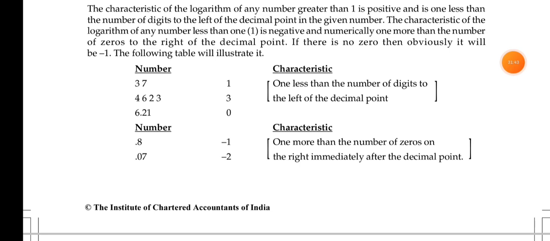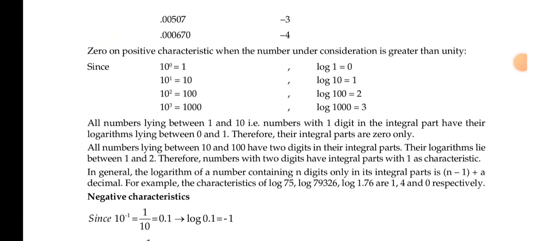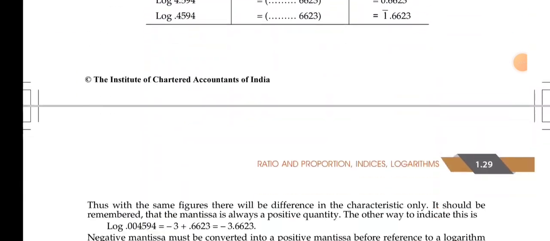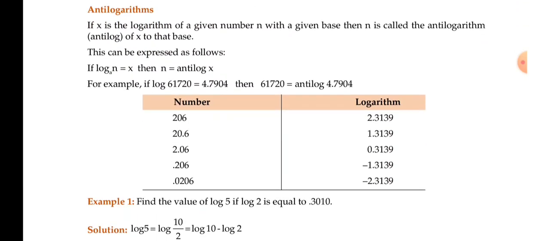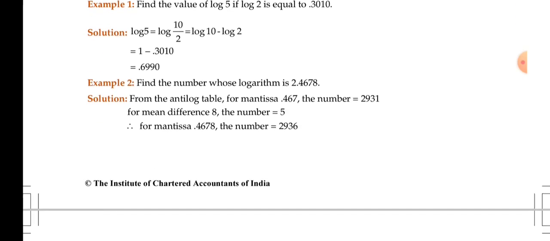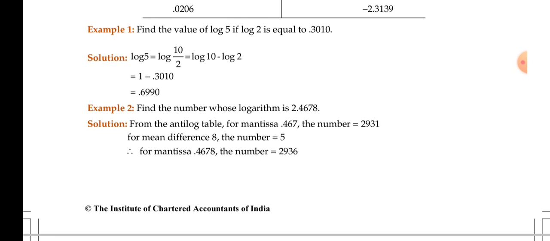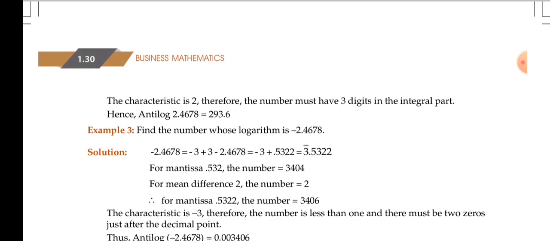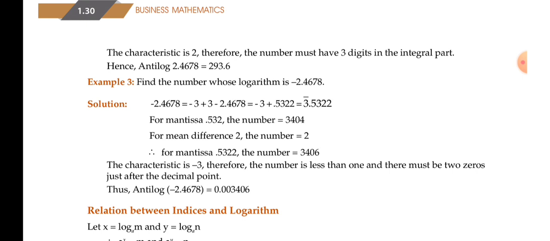So all these characteristics and mantissa part, negative, these long-cut methods, anti-logs, we are going to skip because all these are not going to come in the exam. If you are asked the value of any log, you have to approximately use this calculator trick.